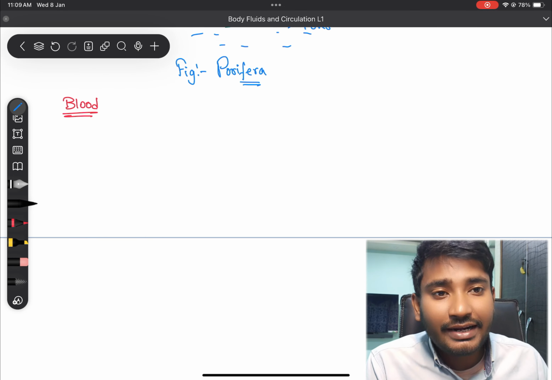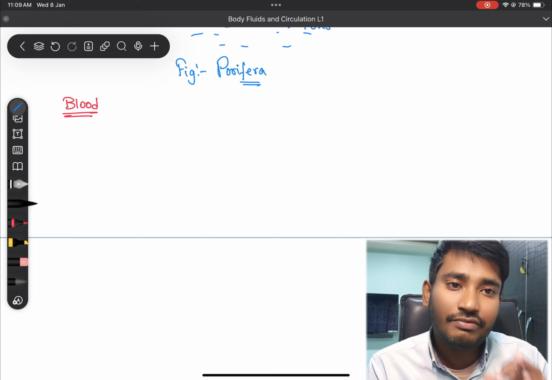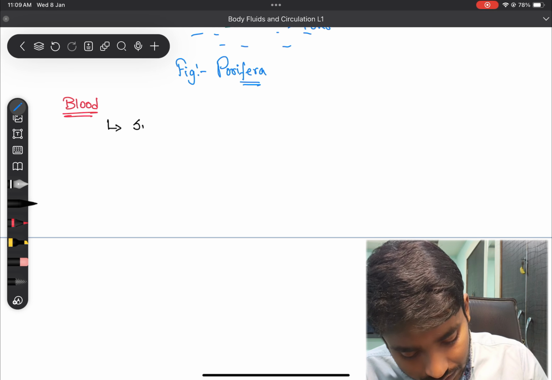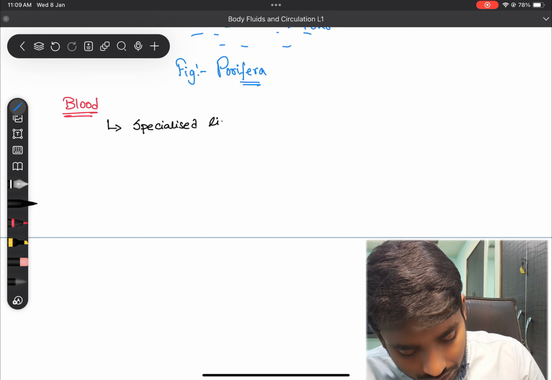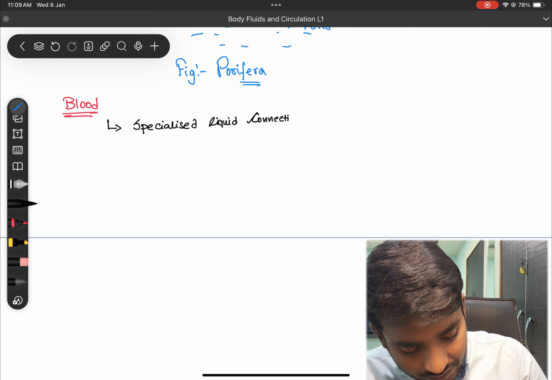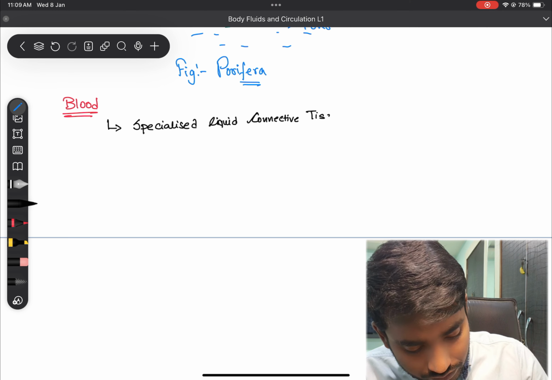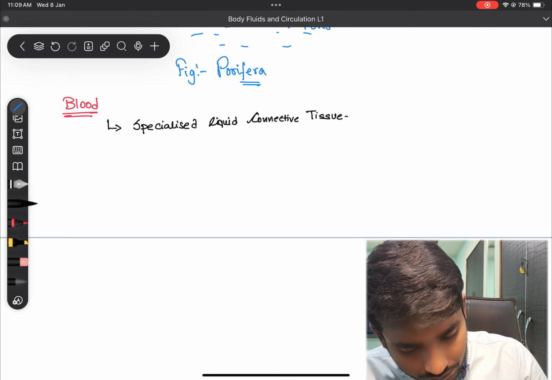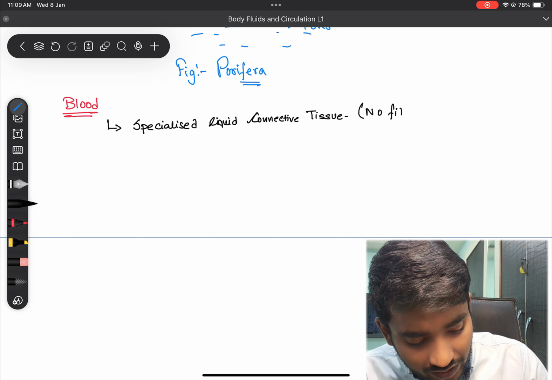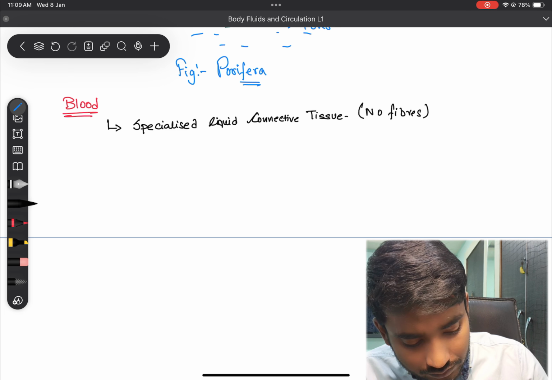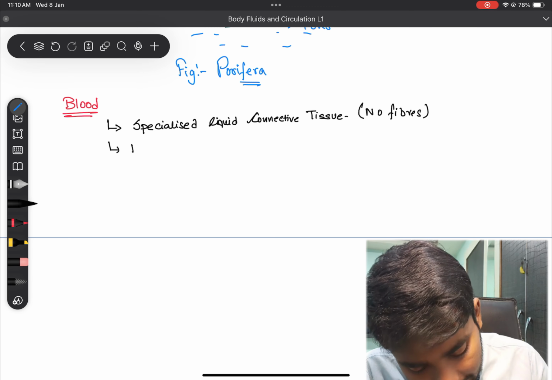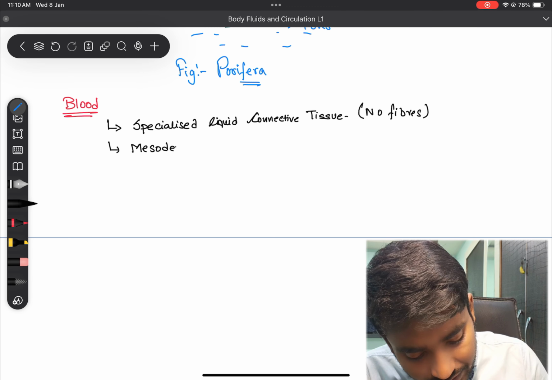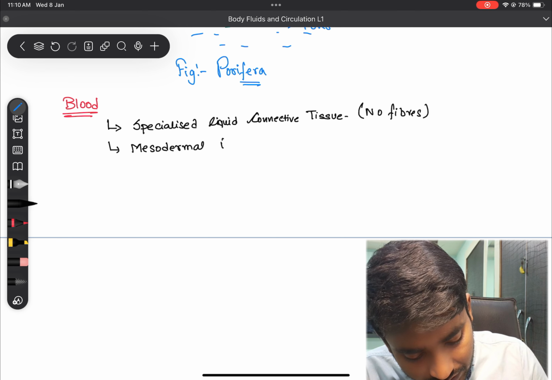Blood is a specialized liquid connective tissue. It contains no fiber. It is mesodermal in origin.